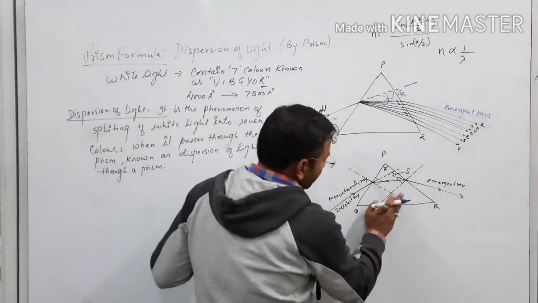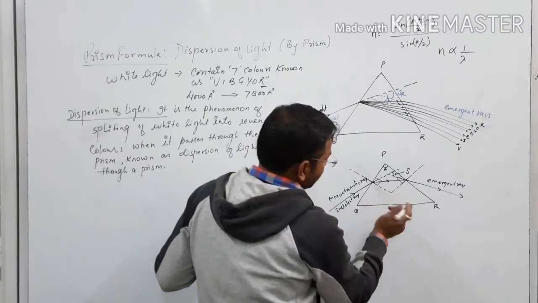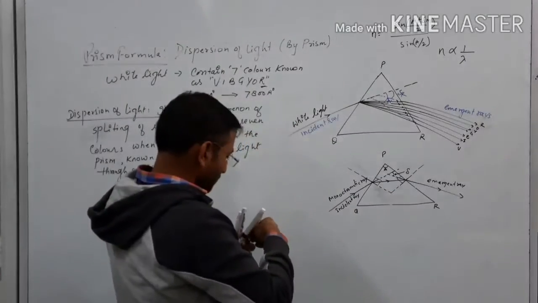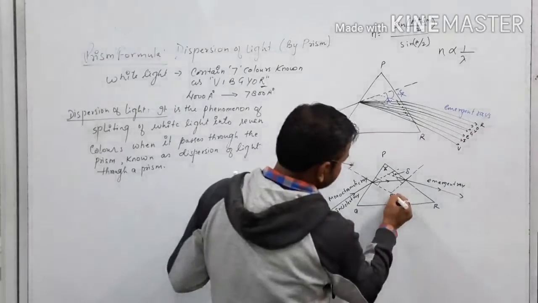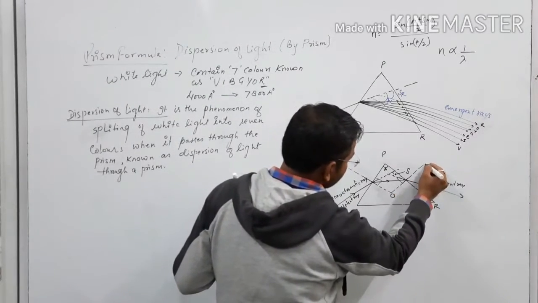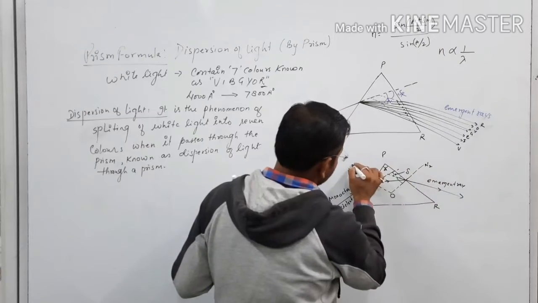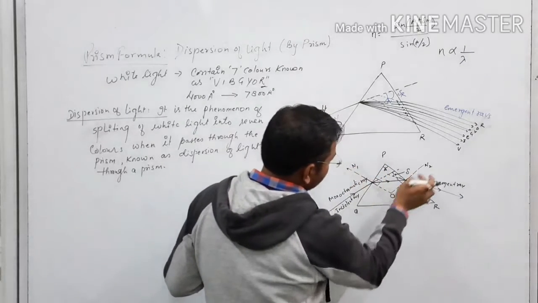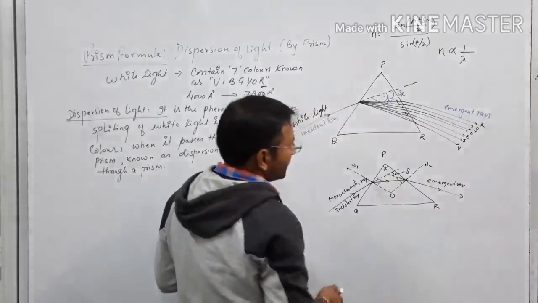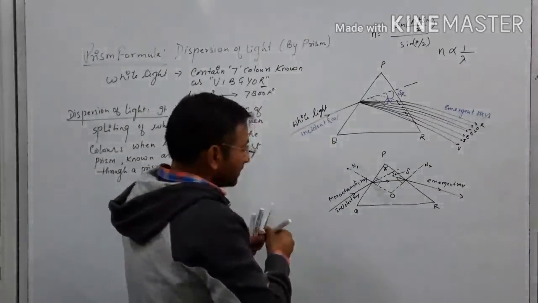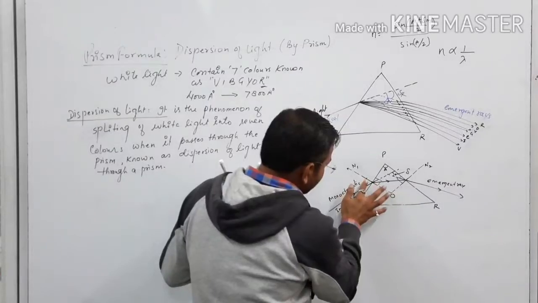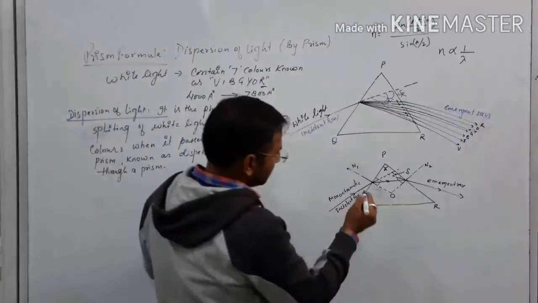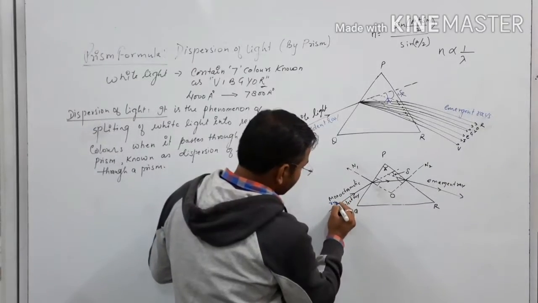These two normals intersect each other at a point. Suppose that point is O, and these are normals ON1 and ON2. Now, this is a monochromatic ray.